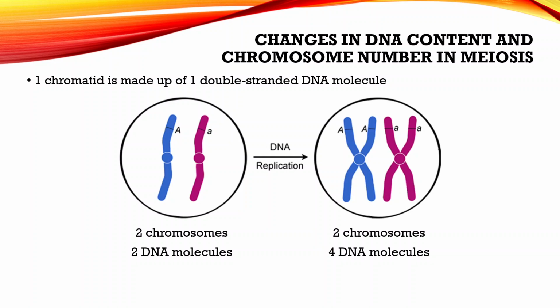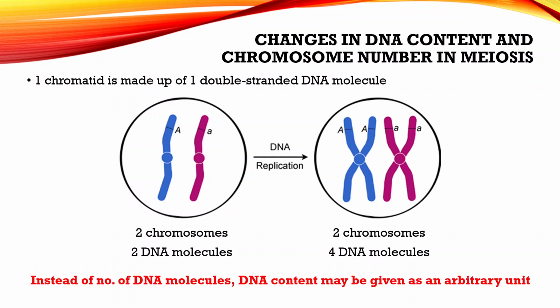Once you are sure about this, it is much easier for you to track the changes in the amount of DNA and the chromosome number, both for mitosis and meiosis. Here I'm putting the amount of DNA as the number of DNA molecules. However, in quite a number of questions, they don't use the number of DNA molecules as the unit.